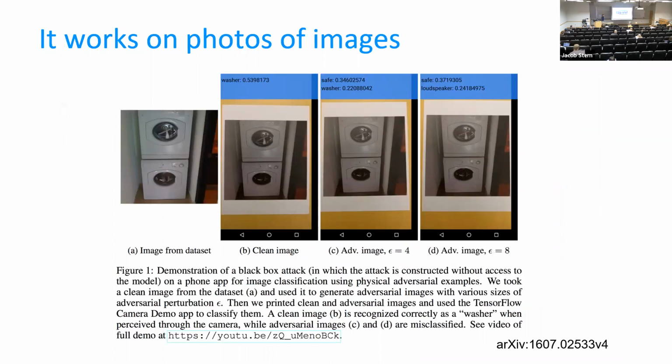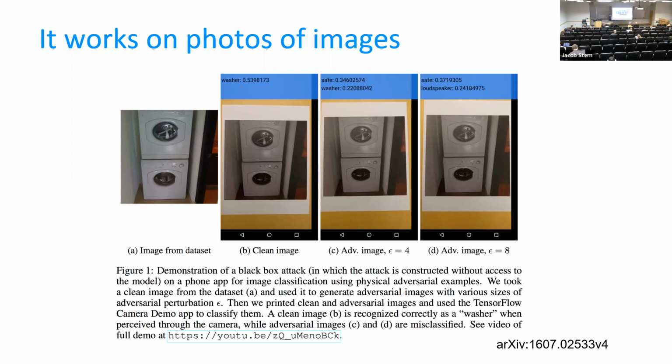So this is another kind of interesting example of the robustness of these perturbations. This is an original image of a stacked washer and dryer, and they then perturbed the image in 2 different ways and printed out a picture of each of those perturbations, with the idea being, in real life, we aren't feeding images directly into a model.